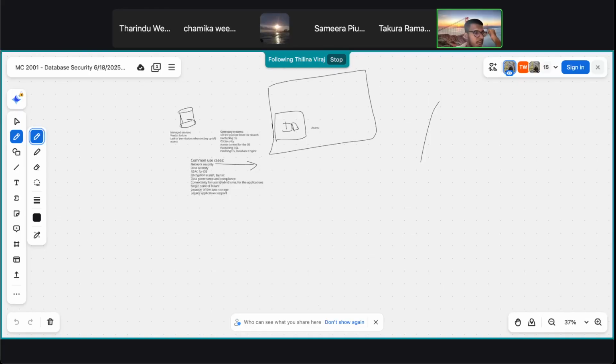And if you put a database again in a cloud managed service, still that will be placed within this virtual private cloud as well.